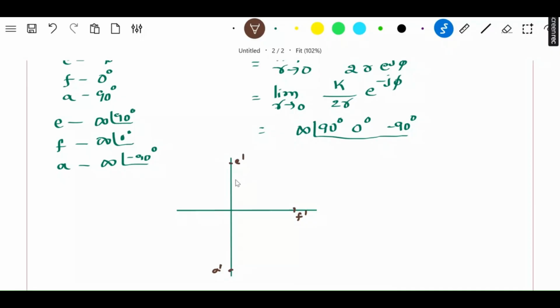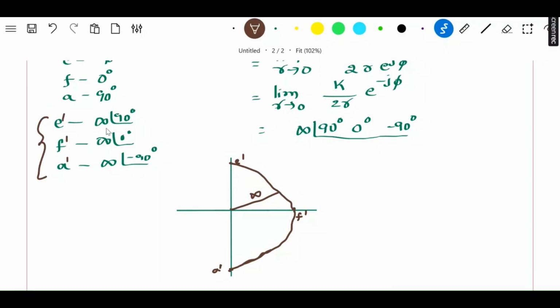Now, as all these 3 points are tending towards infinite, we will have a semicircle like this. Try to write a smooth curve, semicircle like this. And this curve is tending towards infinity. This is how we write the curve for these 3, E dash, F dash, and A dash.